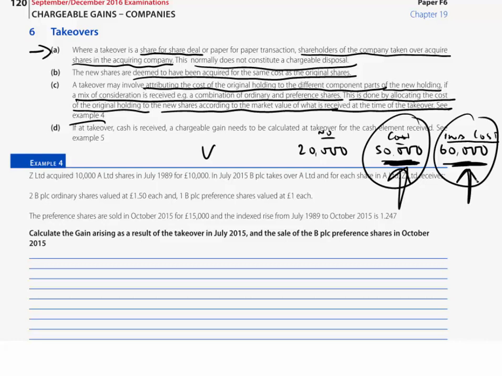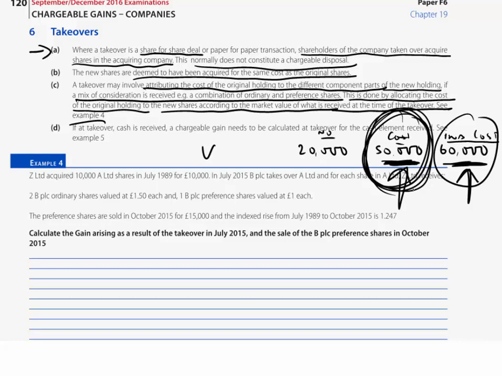Now this is one of the areas where the examiner again has in past questions made life easy for us in a way that we'll see in a moment, that means that they don't actually give you an index cost figure at the time of takeover, they just give you the cost. And it's that figure that then we divide according to the market values of what we receive.